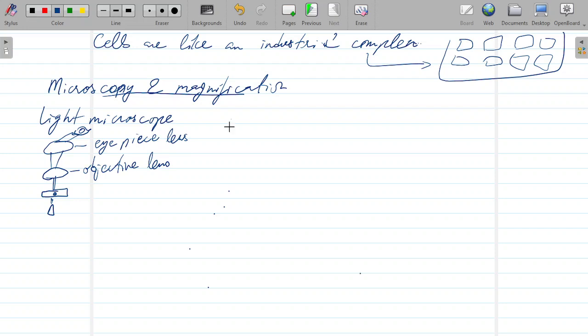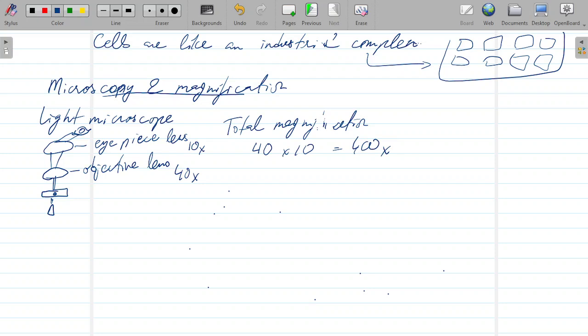Your total magnification of a specimen depends on the individual magnification of each of these. So if, for example, the objective lens has a magnification of 40x, meaning 40 times, and the eyepiece lens has a magnification of 10 times, the total magnification you're getting is 400x.